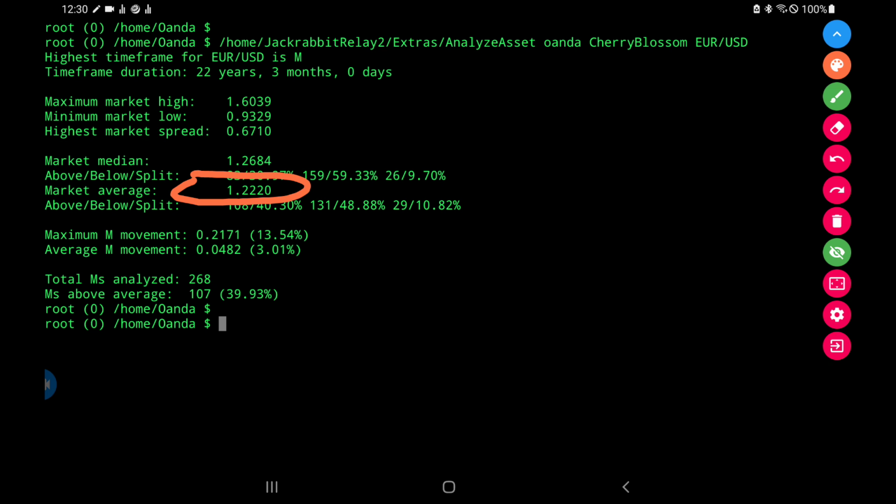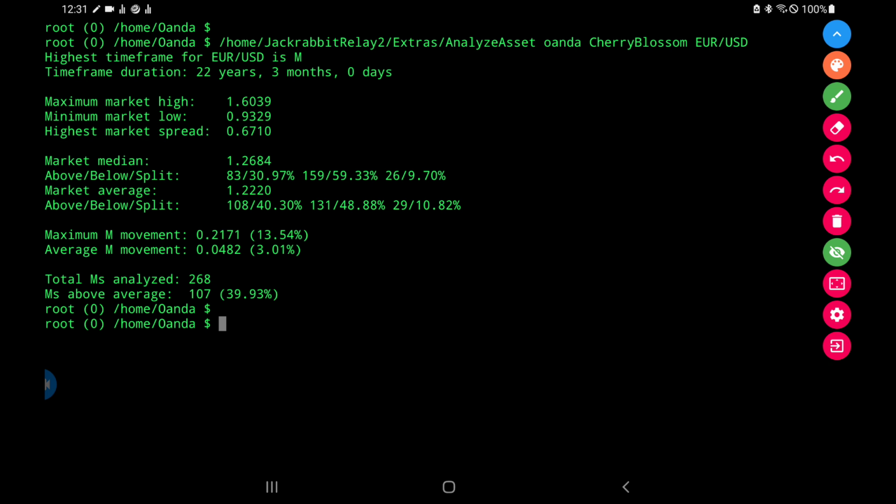The median is 1.26. The average is 1.22. The fact that the average is below the median supports the belief that the market is mostly short-sighted. That's a critical emphasis in terms of more information that you can use for your trading.